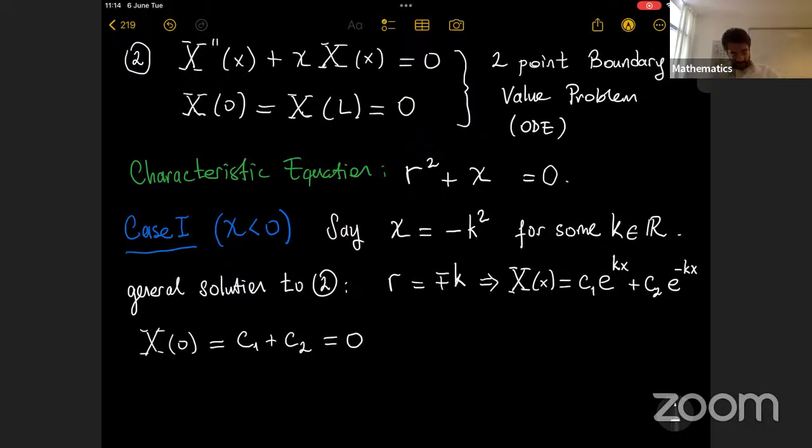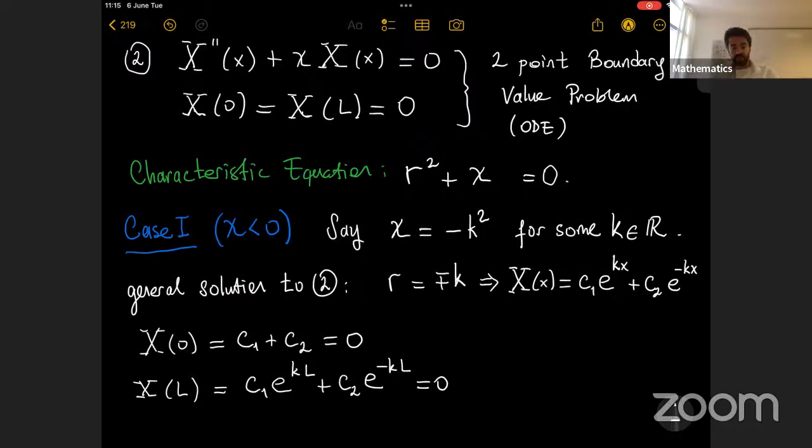And x of L is c1 times e to the kL plus c2 times e to the minus kL, equal to 0.